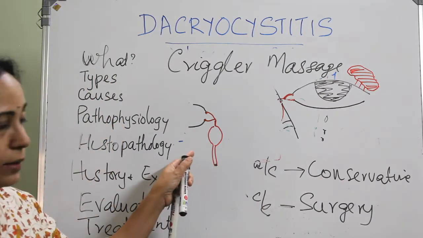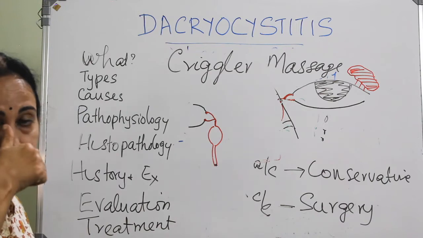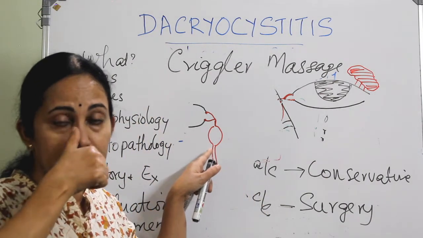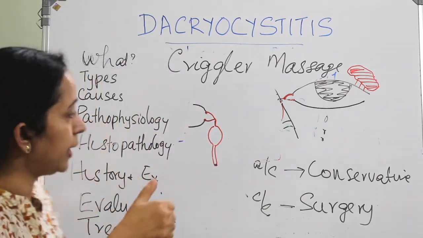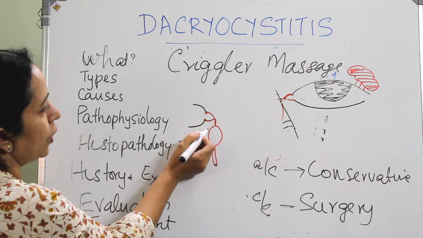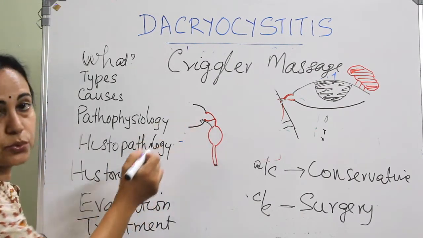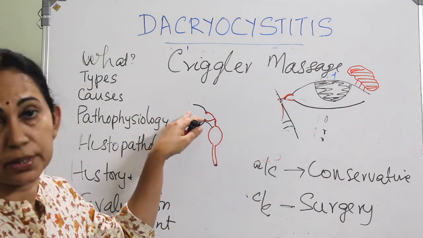So for the right side, you keep your right thumb over the lacrimal sac area in such a way that the nail should be outward, and this should not allow reverse flow of tears into the orbit or into the conjunctival sac. This should not go into the conjunctival sac.